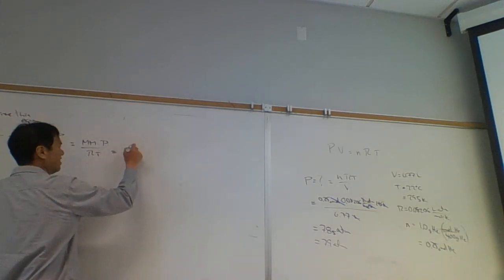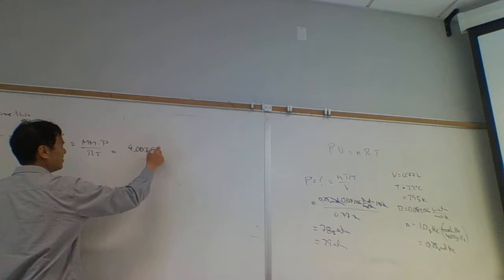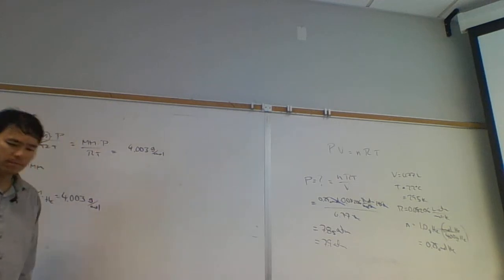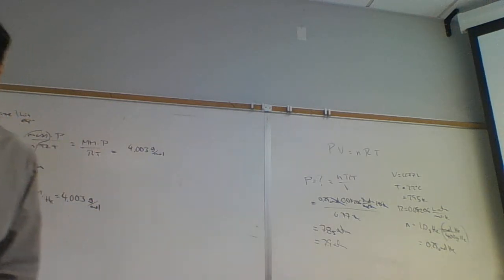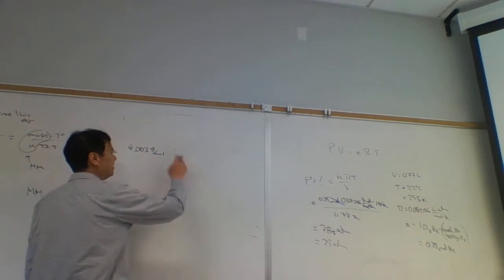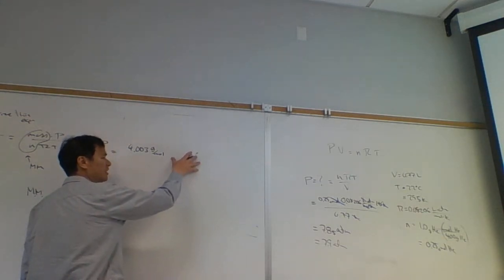So we plug in the molar mass, 4.003 grams per mole for helium. Plug in the pressure. The pressure is 744 torr. Your book gives a different R for when we use torr, but you know the easiest is this. Now I'm going to do a variation here. I know I need the pressure in atmospheres.